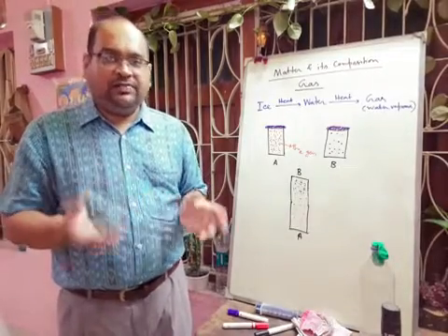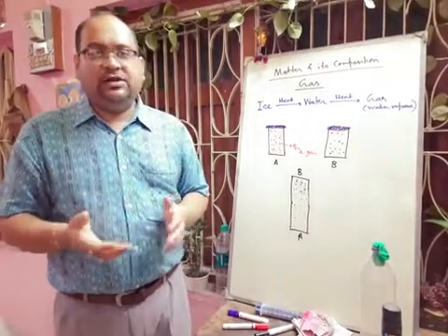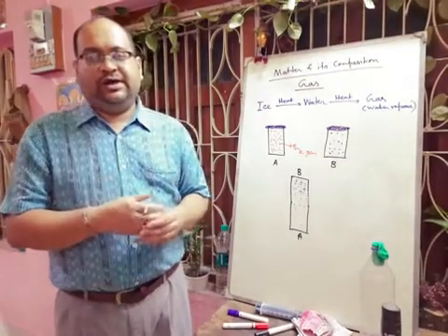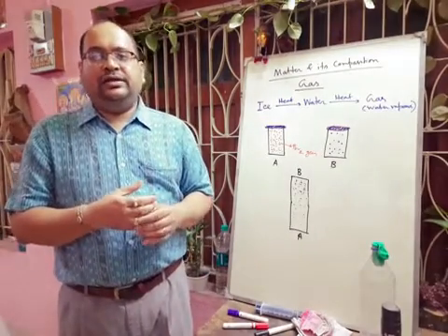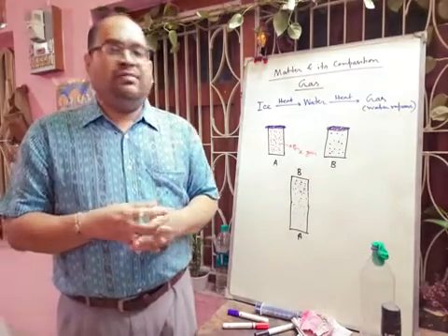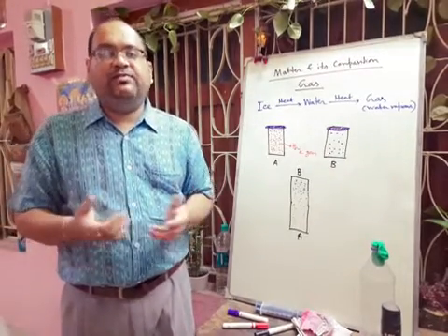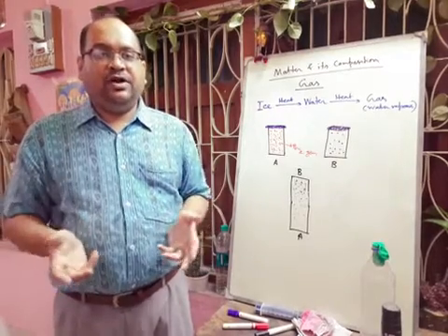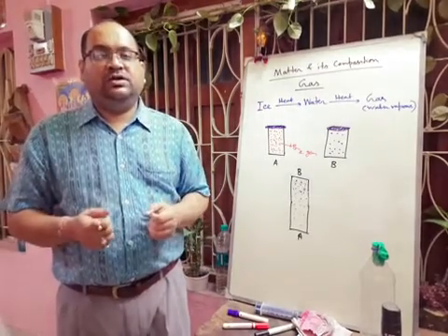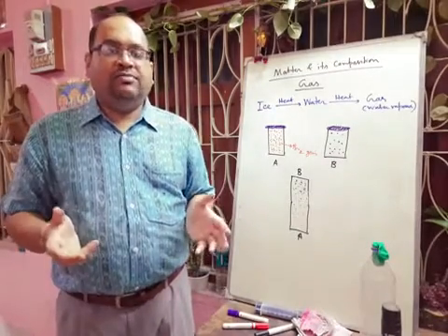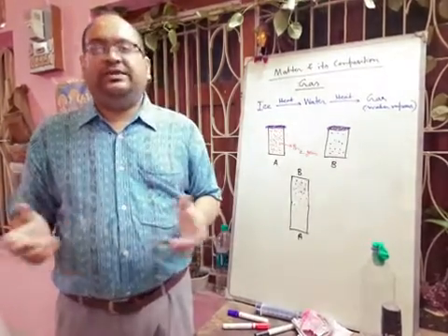In diffusion, gases go from higher concentration to lower concentration. By this experiment we can prove that gases have neither a fixed shape nor a fixed volume, and practically gases have no free surface.